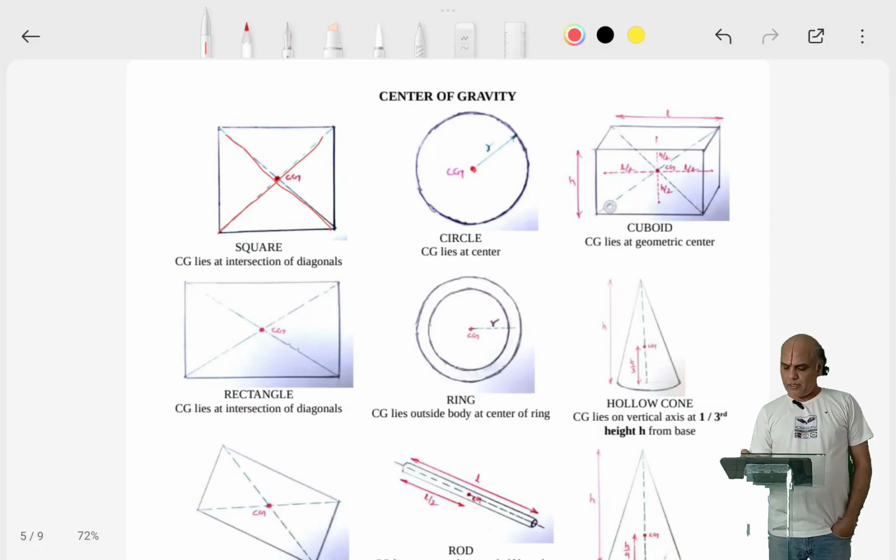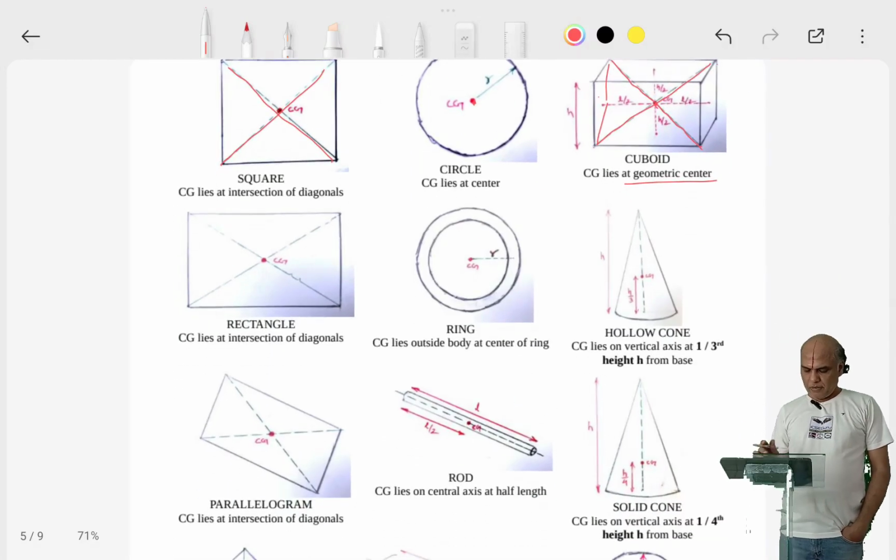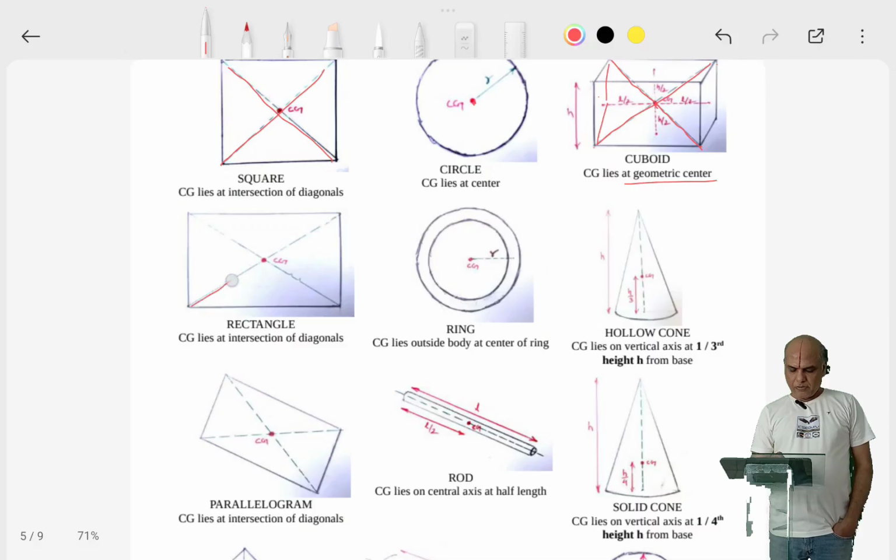For a cuboid, the point of intersection of the diagonals from one end to the other is nothing but the geometric center of the cuboid. So the center of gravity will lie at the geometric center of the cuboid. If this is the length, then the center of gravity will lie at L by 2 from this face, and from this face also L by 2. Likewise, for a rectangle, it is the point of intersection of diagonals.